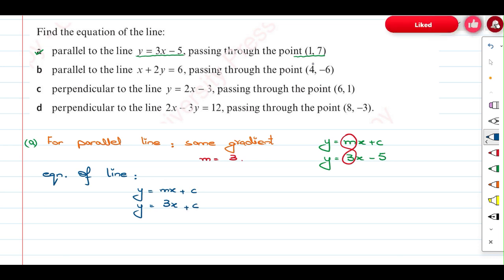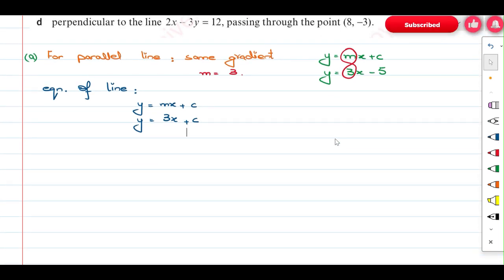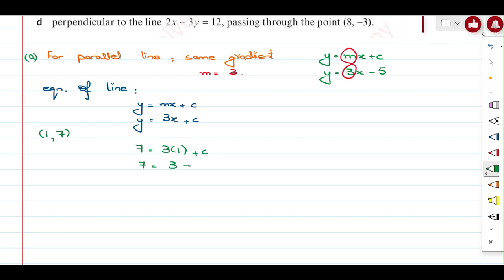To get the value of c, we need to plug in the point (1, 7). Let me plug in x equals 1 and y equals 7. So 7 equals 3 times 1 plus c. So 7 equals 3 plus c. From 7 we shift the 3 to the other side, take away 3, which equals c. So 4 is the value for c.